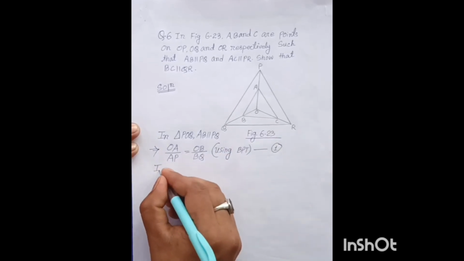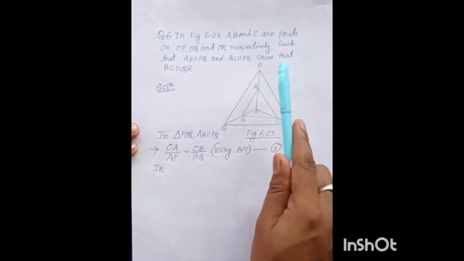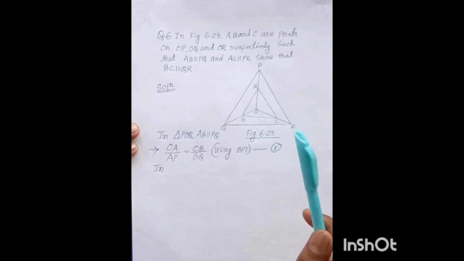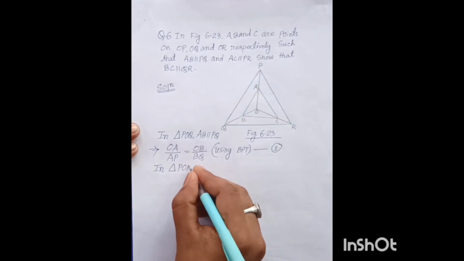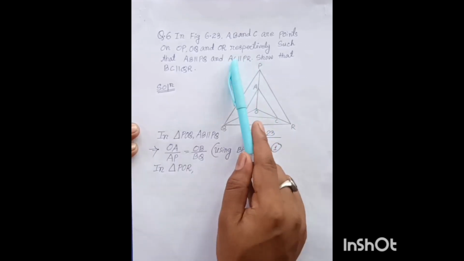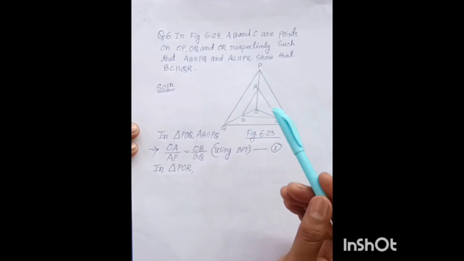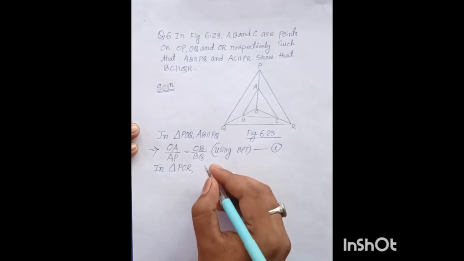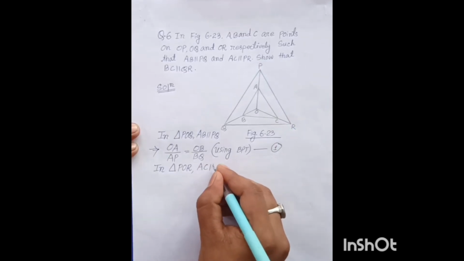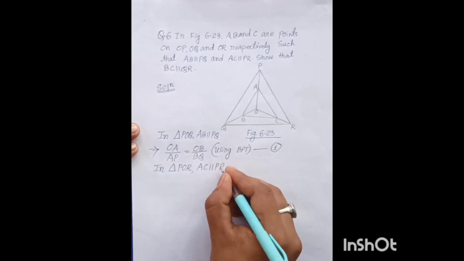Now similarly, I'll take triangle POR. It is already given in the question that AC is parallel to PR.